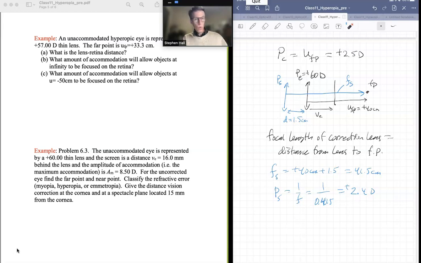It's interesting to compare this spectacle lens, which was shifted by 1.5 centimeters from the eye, and resulted in a 2.4 diopter power, and the contact lens, which was 2.5 diopters. So number one, it fits our expectation that for a hyperope, as you move towards the spectacle lens, you reduce the power that's necessary.